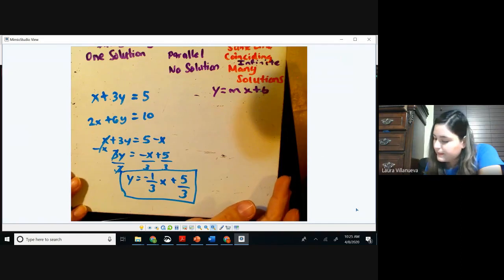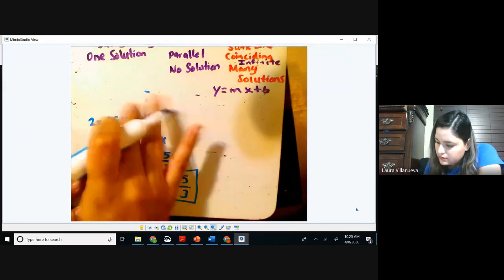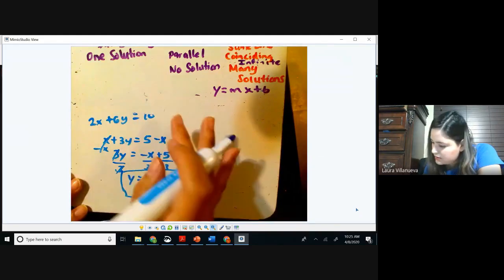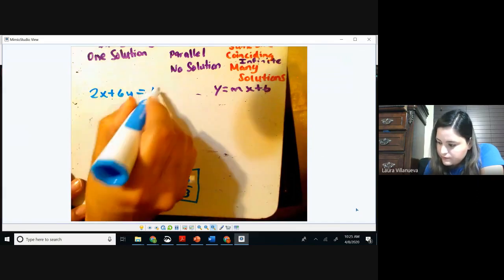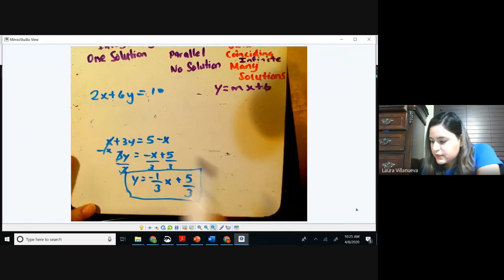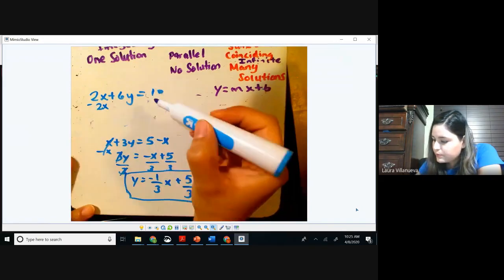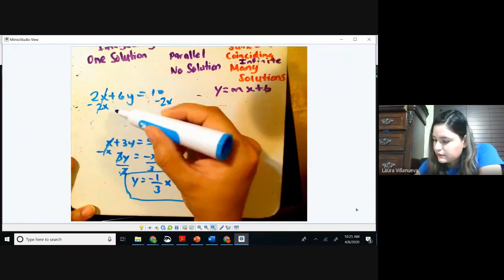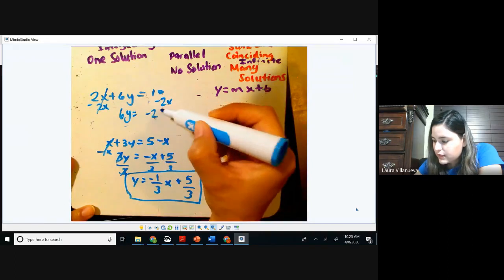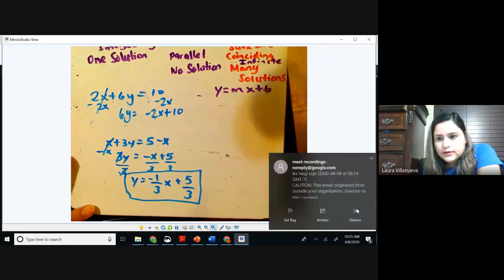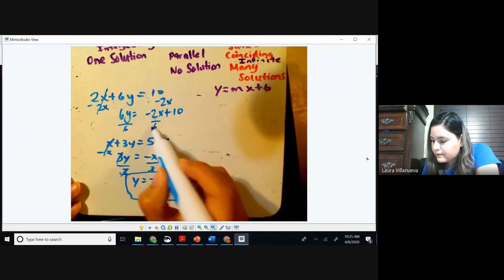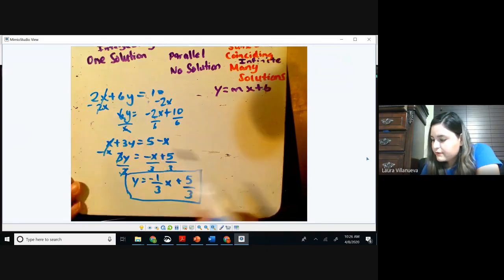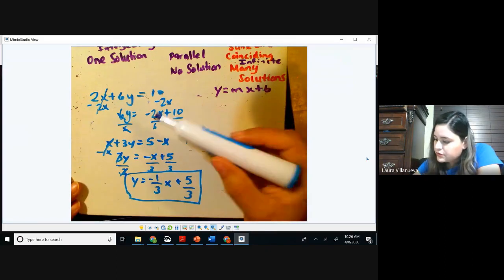Okay? And then I'm going to go ahead and do 2x plus 6y equals 10. I'm going to put it over here so I can solve it on top. Same thing, move the 2x. So then you have 6y equals negative 2x plus 10, divided by 6 here. So then I have y equals 2 divided by 6.